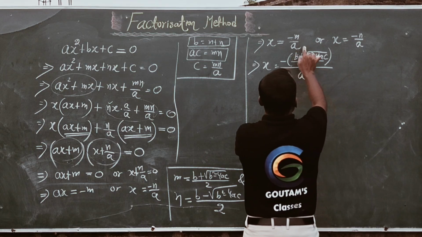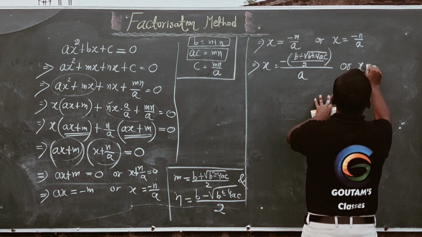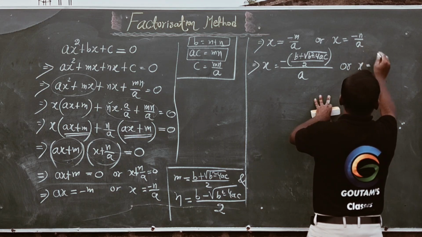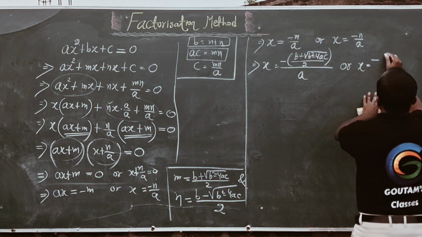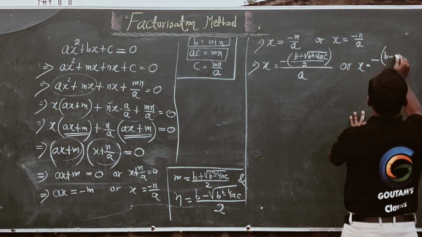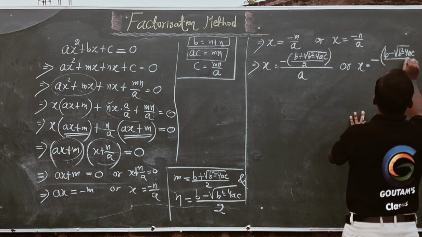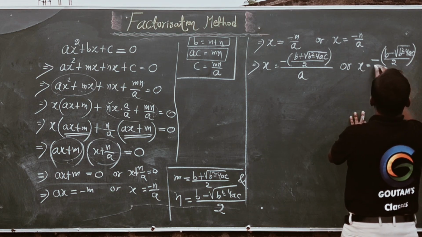So in the numerator, in place of m, I have written the value of m, and in the second part, I'll put the value of n. I have minus already, so minus of the value of n. N is b minus root b square minus 4ac by 2, and I have a.